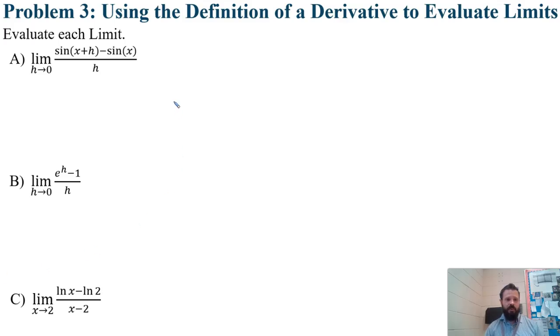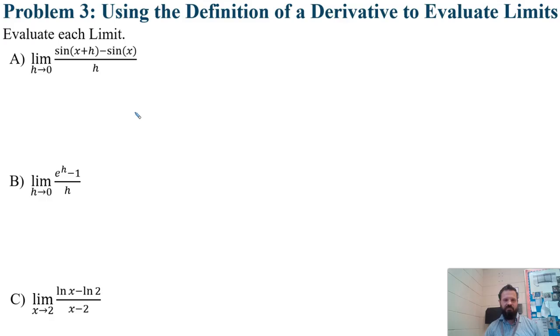Okay, so for example, evaluate each limit. We've got the limit as h goes to 0 of sine of x plus h minus sine of x over h. Now what I could do is actually evaluate this limit, expand things, cancel some stuff out.